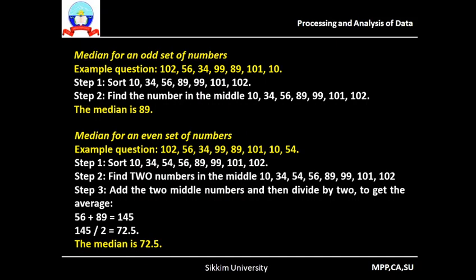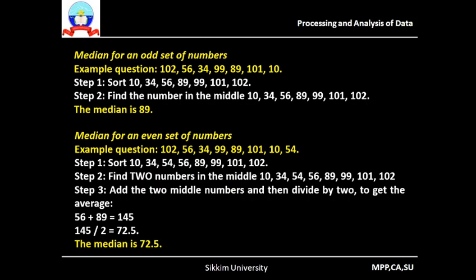First we need to sort the data items from smallest to largest. Step number 2, find the two numbers in the middle of the data set. The two numbers in the middle of the data set are 56 and 89.